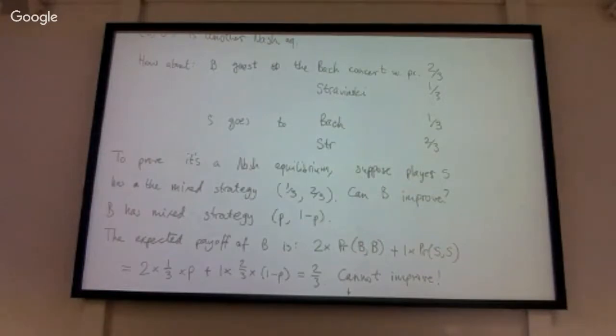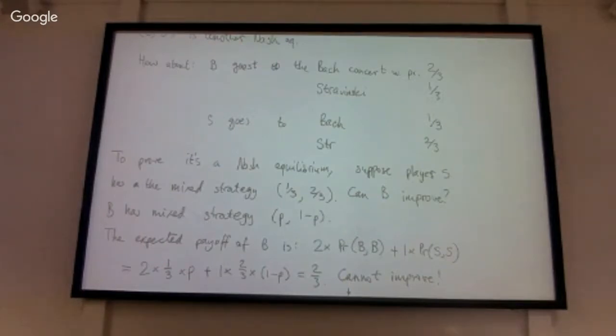So B cannot improve what they're earning. And also, if you now fix what B is doing, then S cannot improve. So no matter how they change their probabilities, they won't be getting a higher expected payoff than they are now. That's the notion of a Nash equilibrium. Is that clear?